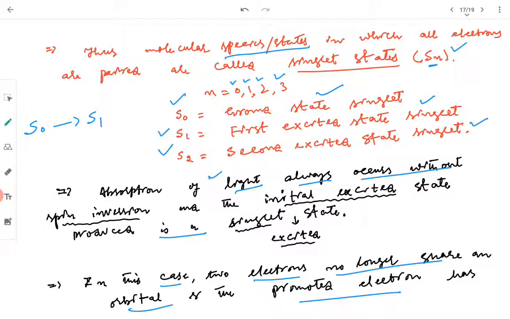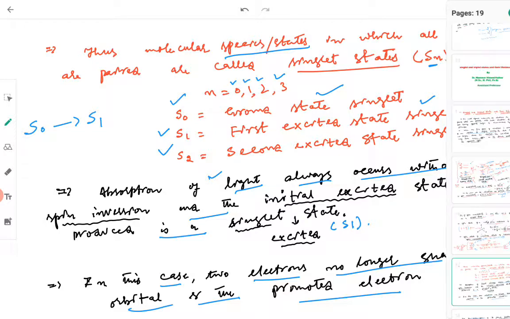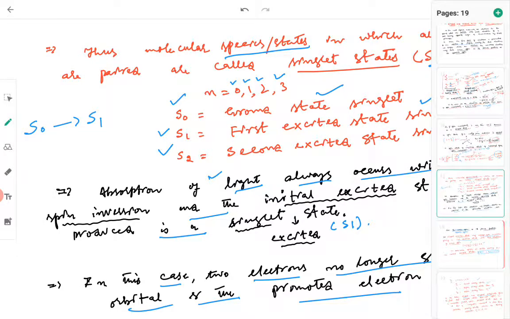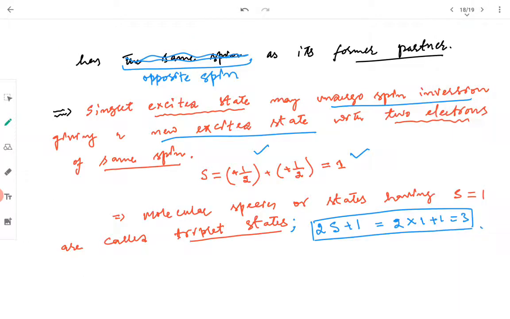So spin inversion initially doesn't occur, and the initial excited state produced is a singlet excited state, which is known as the S1 state. In this case, the two electrons no longer share an orbital, and this promoted electron has opposite spin to its former partner.